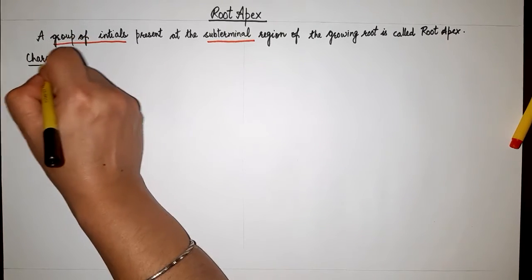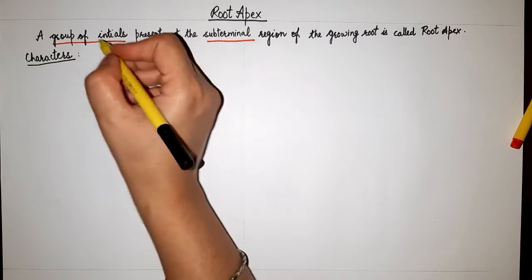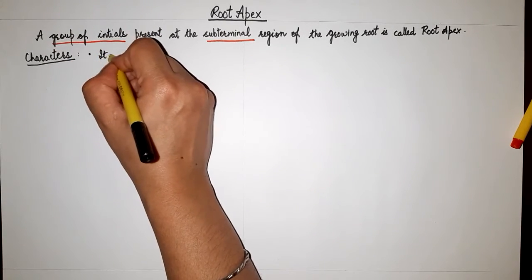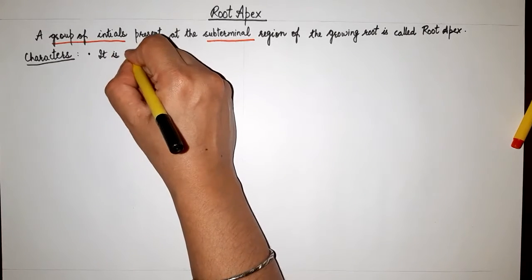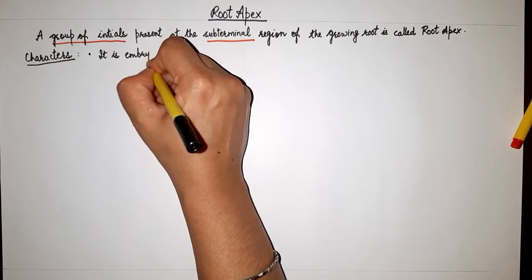Now what are the characters of root apex? What is its structure? It is embryonic in origin.